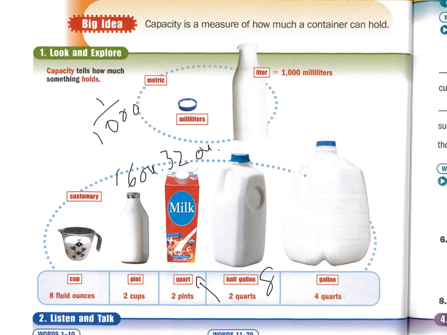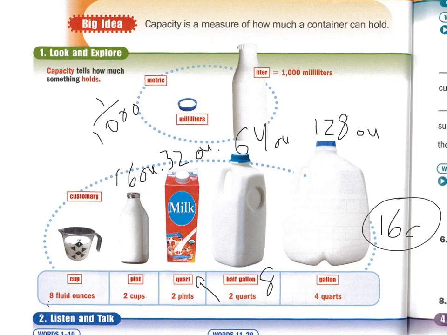And how many ounces in 8 cups? 8 times 8, 64 ounces. And a gallon is 128 ounces, or 16 cups, 4 quarts.